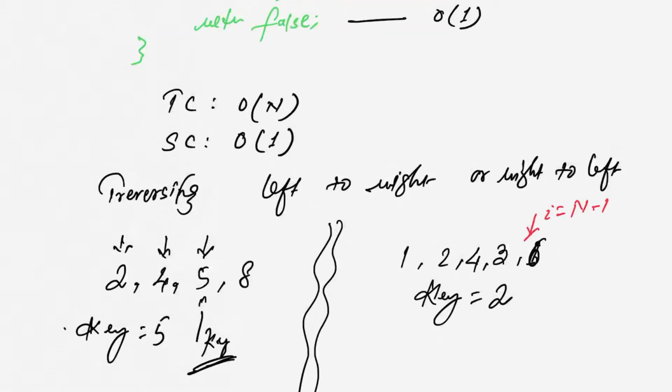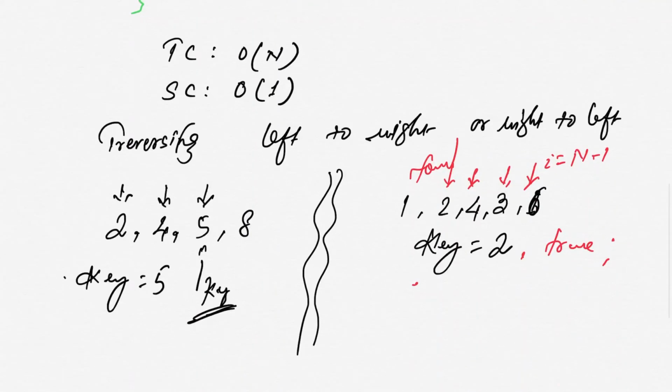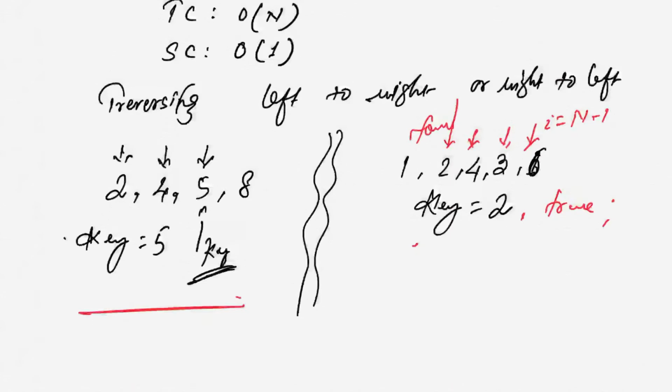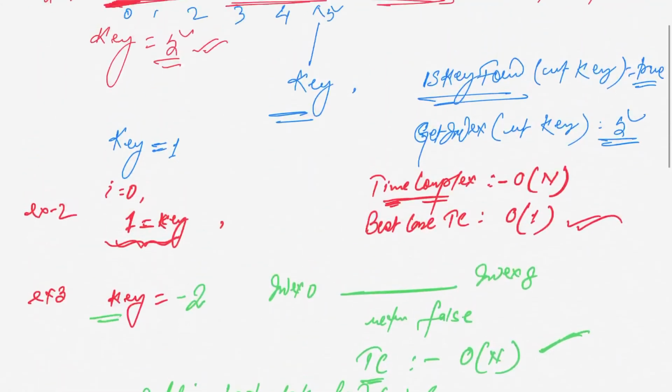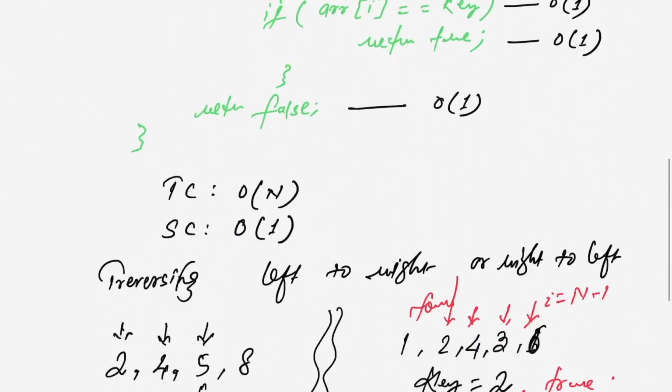You look at it: not matching, not matching, not matching, and we found the key here and return true. So there is no rule that you always need to look from left to right. You may try from right to left to traverse the linked list or array. So this is all about linear search.